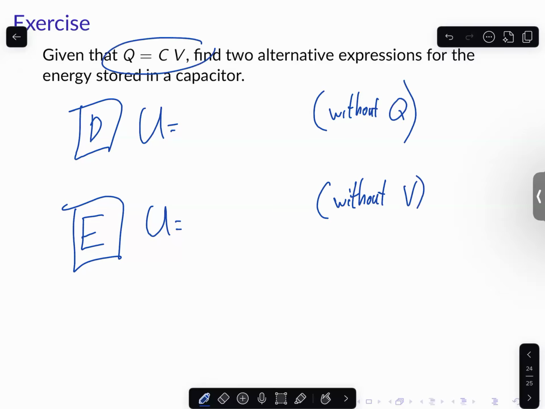Hint, hint, hint, there is a relationship between charge, capacitance, and voltage. You can substitute in one expression for another using the principles of algebra and get an equivalent expression. Do this. Plug numbers in, plug letters in for letters and simplify.